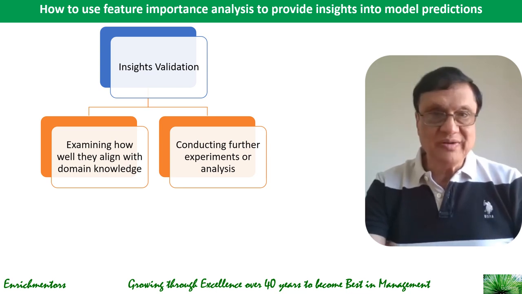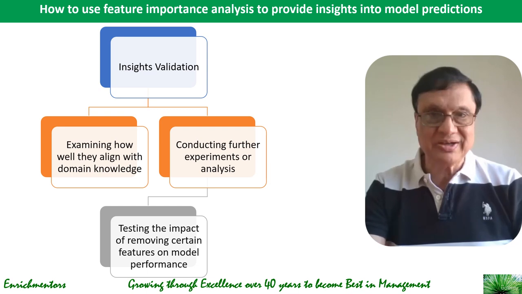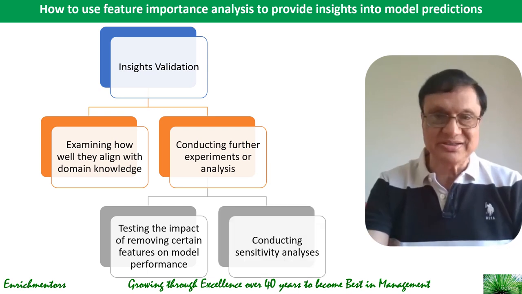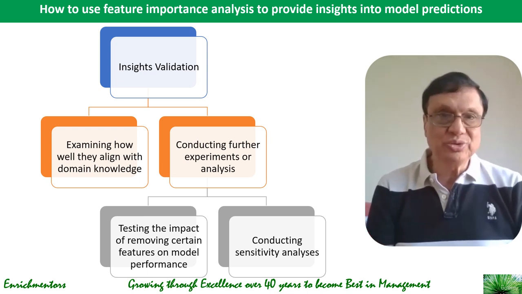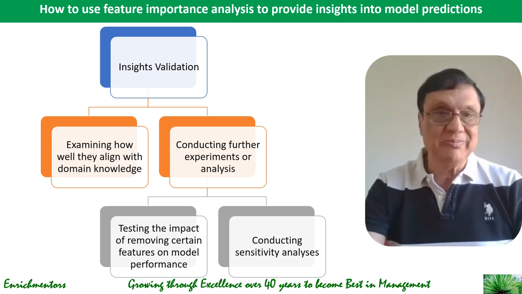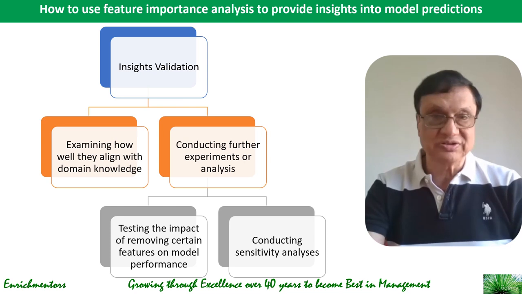This could involve testing the impact of removing certain features on model performance or conducting sensitivity analysis. And that's how you can validate the insights gained by interpreting the feature importance.